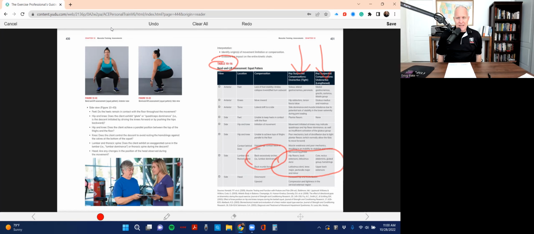Now, again, ACE uses some different terminology. They're going to throw hypertonic at you: hypertonic, shortened, overactive. They all, for the most part, mean the same thing. A muscle that is inappropriately shortened is overactive, meaning it's receiving a higher than normal action potential stimulus, and so the muscle shortens more than it should under normal conditions.